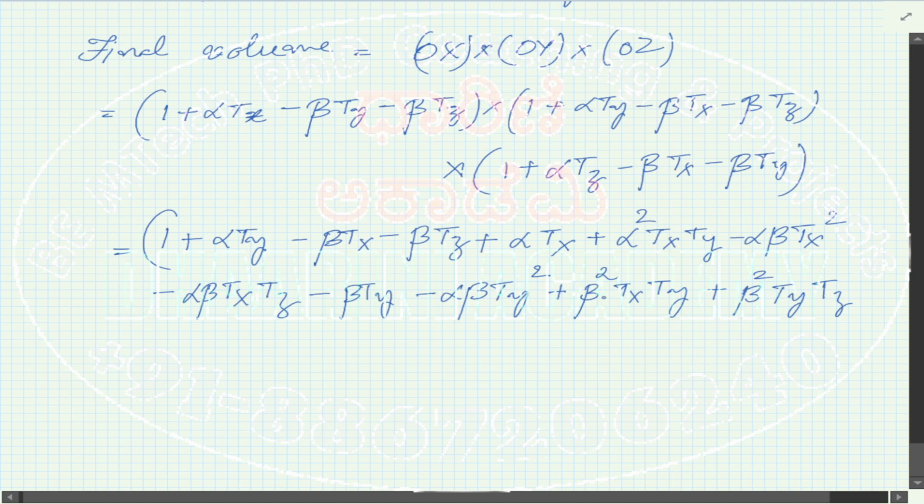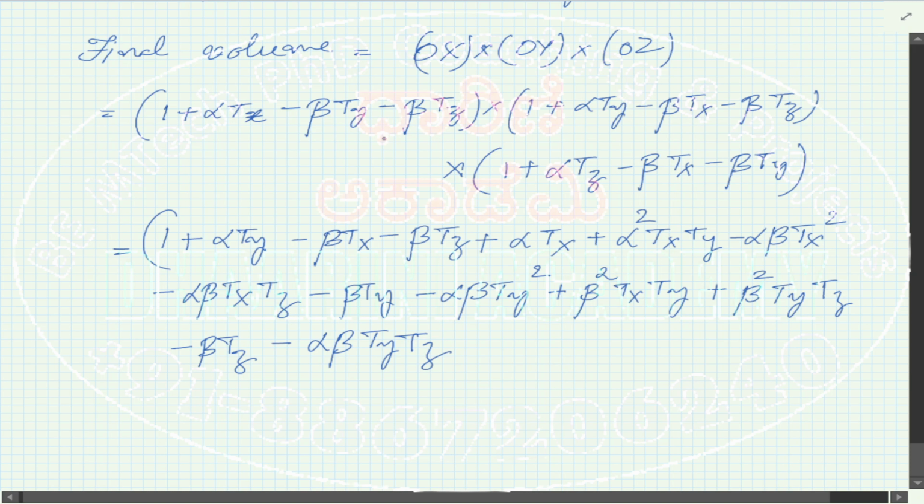So minus beta Tz into 1 is minus beta times Tz. Minus beta Tz into alpha gives minus alpha beta Ty Tz.